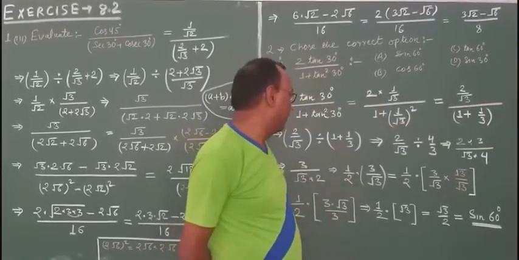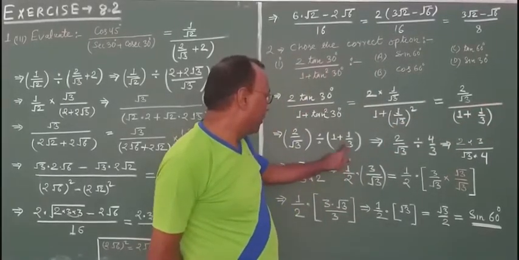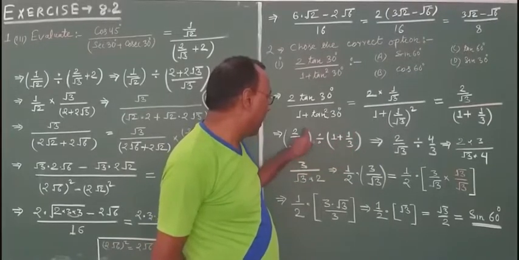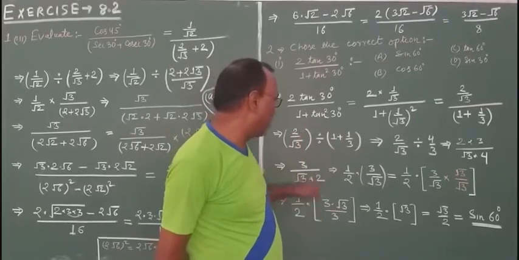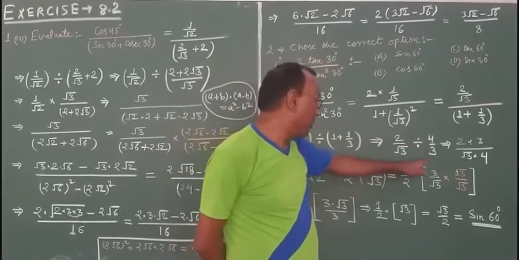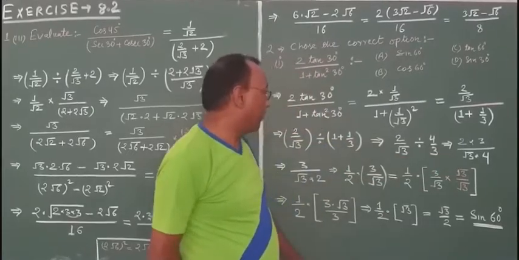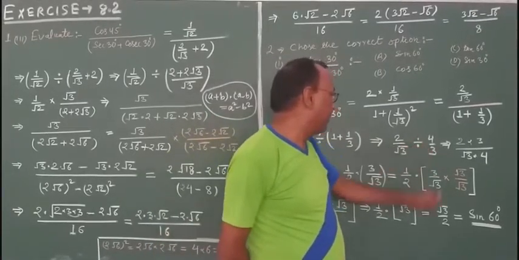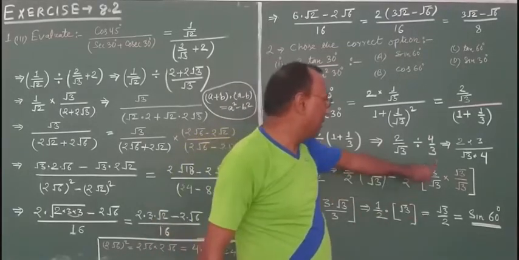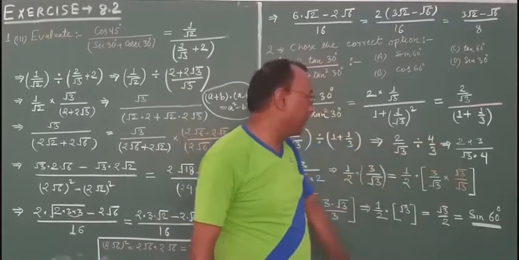Now take the LCM. 3 plus 1, 4 upon 3 will become this bracket. So 2 upon under root 3 divided by 4 upon 3. Now this division sign will change into multiplication and this 4 upon 3 will be inverted.